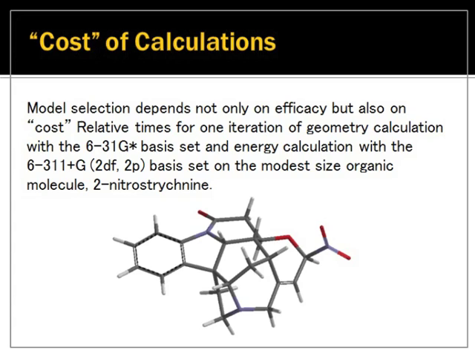If we wanted to do structure calculations, let's think about the cost of geometry calculations. That really is the cost of a small basis set. And then let's say we wanted to do an energy calculation, and the one I recommended is this basis set. So what are the relative costs?